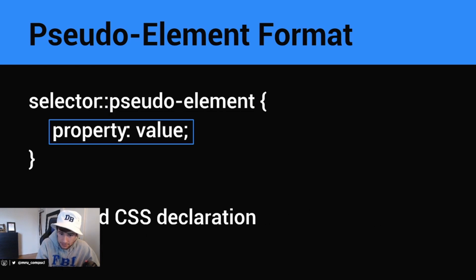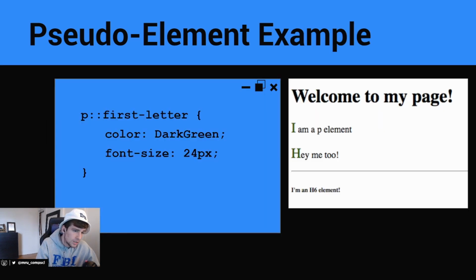The declaration is a standard property value. So, welcome to my page. This one, the p colon colon first-letter, because it's a pseudo element, modifies the first letter of a paragraph. Red, bigger font. Kind of like what we did with span. You have to walk before you can run.